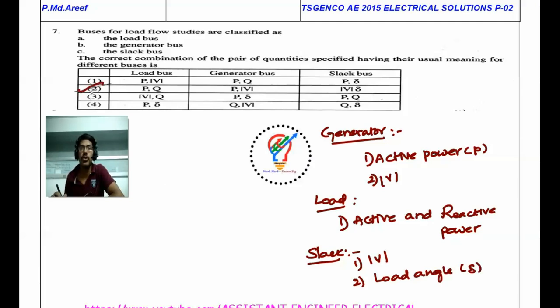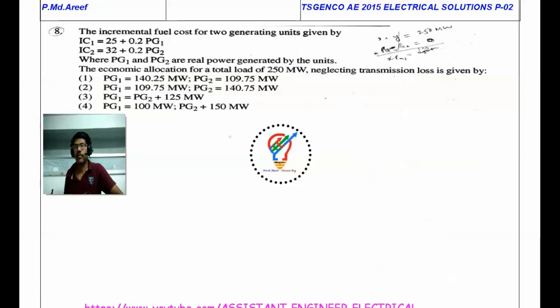So the option here is 2. The next question is: the incremental fuel cost for two generating units is given by IC1 equal to 25 plus 0.2 Pg1, IC2 equal to 32 plus 0.2 Pg2, where Pg1 and Pg2 are the real power generated by the units.